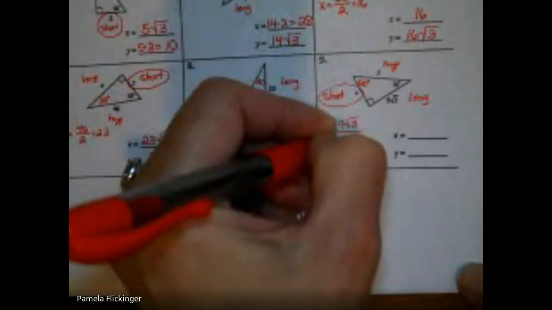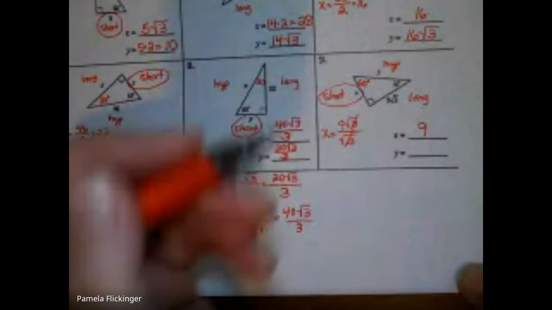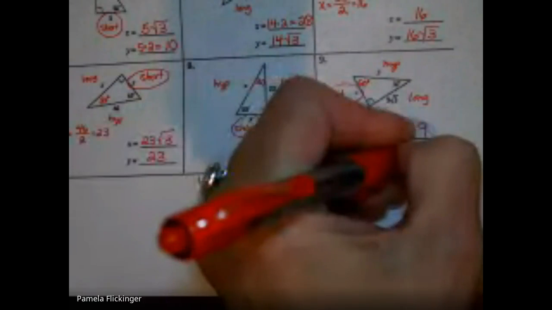So to get x, I'm going to take the long and divide by the square root of 3. I love it when this happens, right? Because I don't need to rationalize. Those simplify. The root 3's cancel. So x, which is the short leg, is just going to be 9. The hypotenuse then is just 9 times 2, or 18.